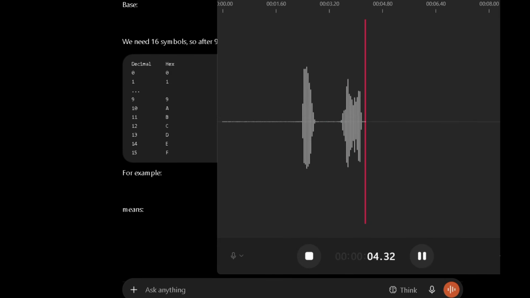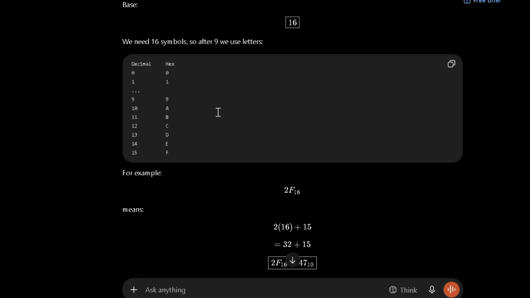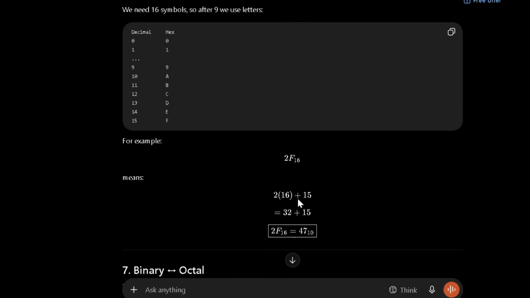Look at it as 16 power 0, 16 power 1. Here F value is 15, and F is multiplied by 16 power 0, which is 1, so 15 into 1 is 15. Then 2 into 16 is 32, plus 15, we get 2F base 16 equal to 47.